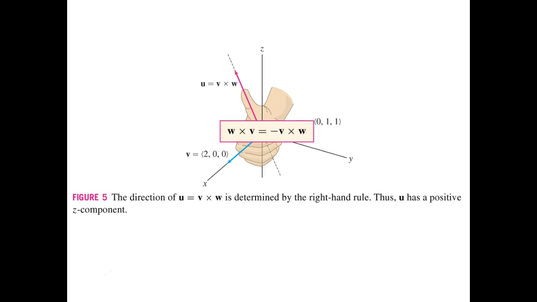One is vector V, which is along the x-axis, 2, 0, 0. And the second one is vector W, which you can't see because we got this slide on top of it. It's 0, 1, 1. So it's somewhere right up there. And U is the vector in that direction, not in that direction.